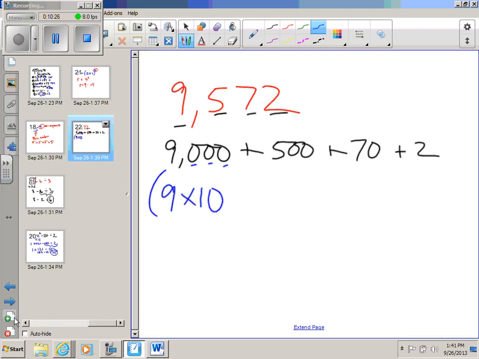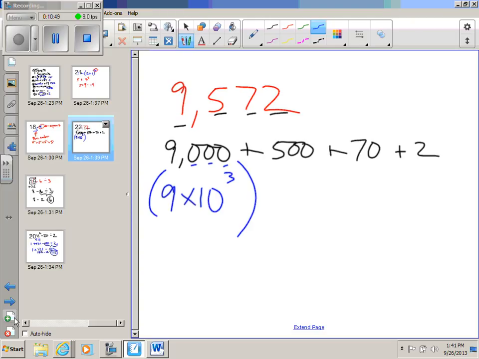Yes, 3. 10 to the 3rd power. In order to get 9,000, I would multiply 9 by what other number? 9 times 10 gives me 90. 9 times 100 gives me 900. Yes. 9 times 1,000 is 9,000.